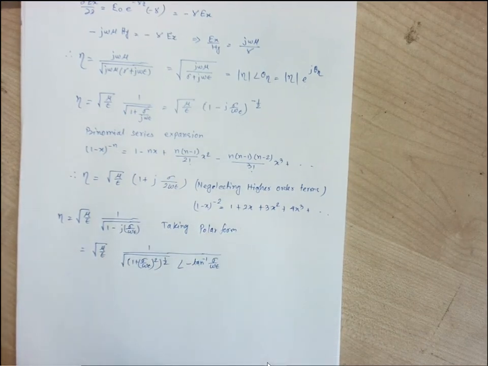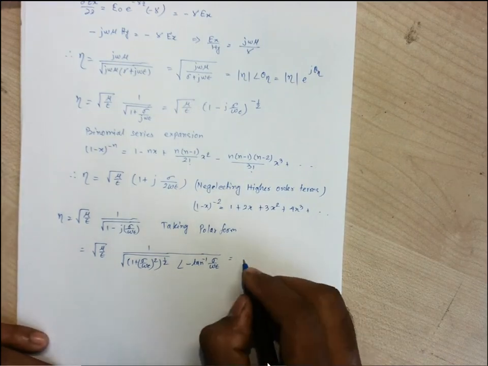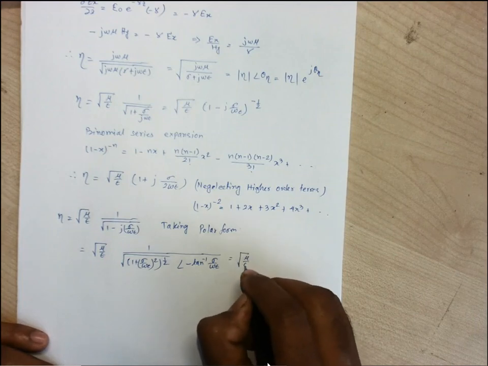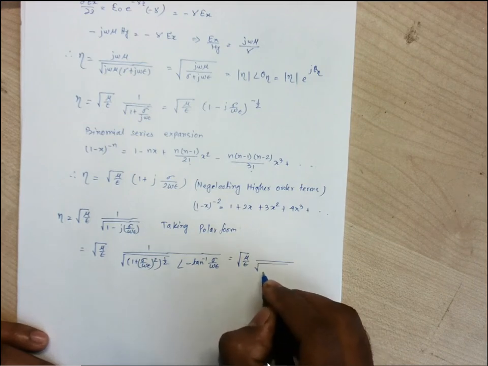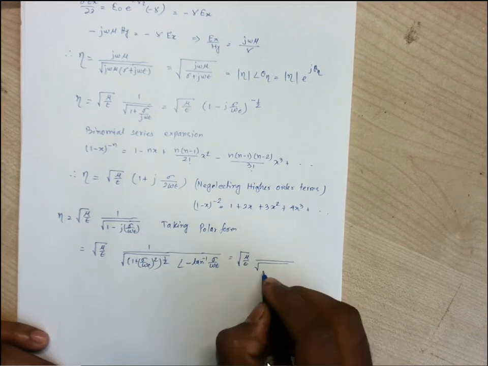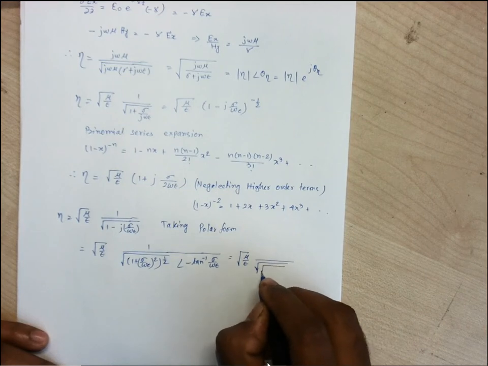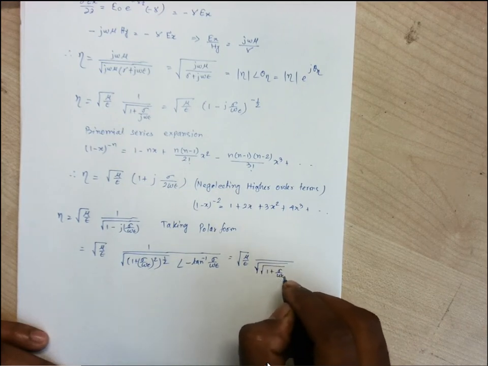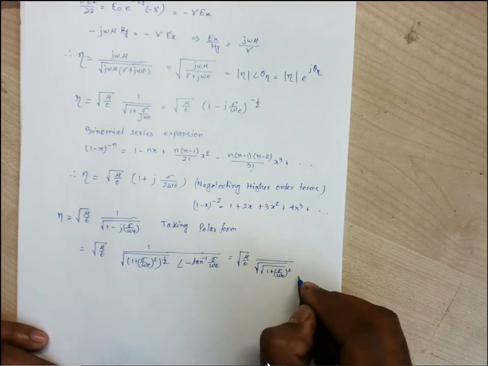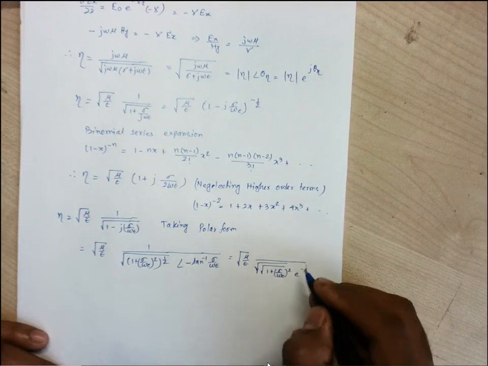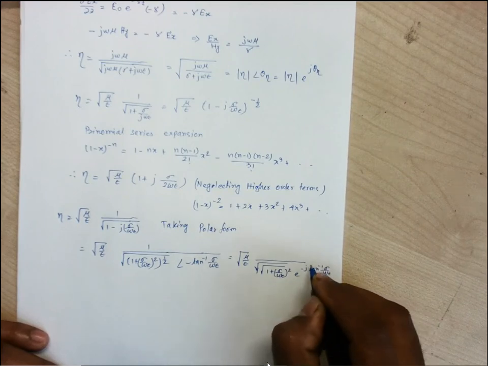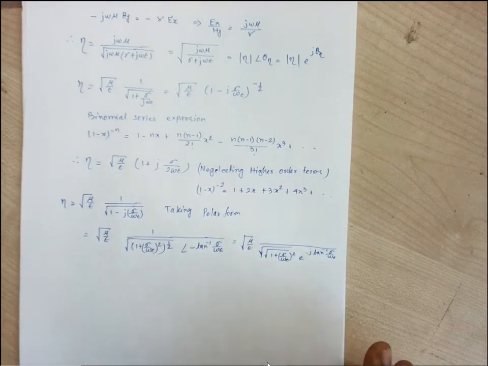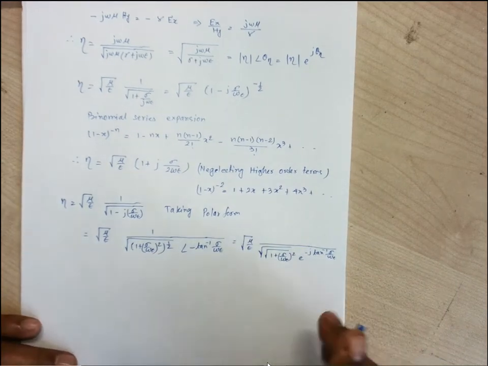Can we write like this? We can also write this one as root over mu by epsilon, root over of, inside the root another root is there, that is 1 plus sigma by omega epsilon whole square, e to the power minus j tan inverse sigma by omega epsilon.